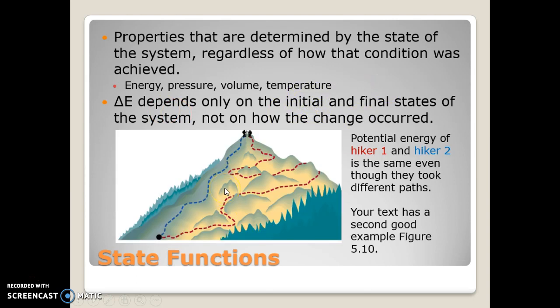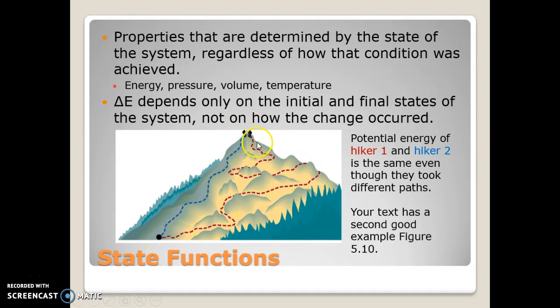So here's a nice visual. You have two hikers. Their potential energy increases the same because they start at the same point and they end at the same point. But if you look at the pathways they took, one guy took a very circuitous route while the other person took a pretty direct route.